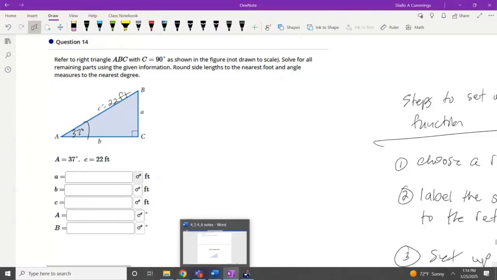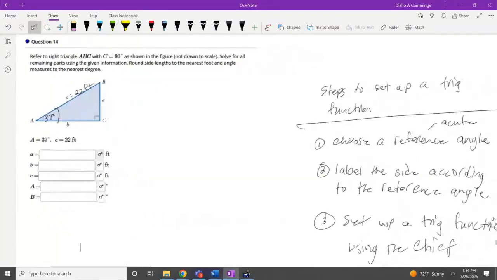All right. So now let's look at the steps. The first step says to choose a reference angle. I only have 2 reference angles, or 2 acute angles. That would be the 37 degrees and this unknown angle B. Since I know the value for angle A, this is my reference angle, the 37-degree angle for A. So when I label my sides, I'm going to label my sides according to my reference angle.